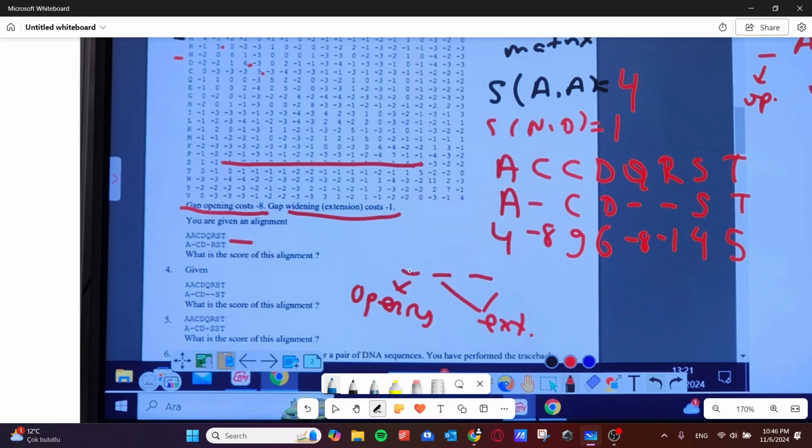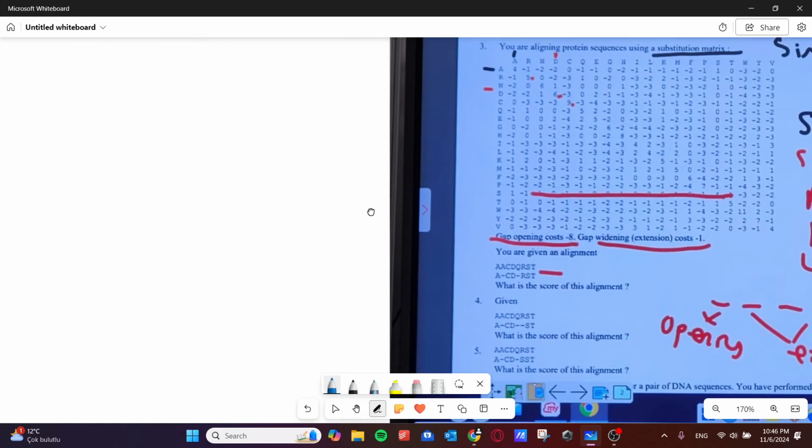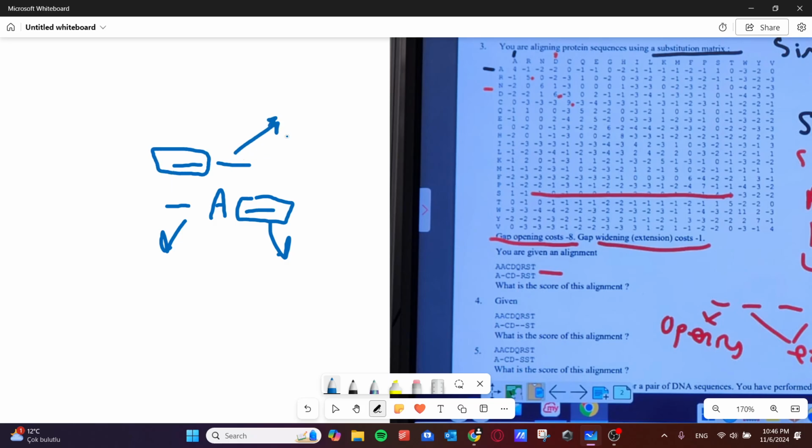The first gap is called the opening, and the rest is called the extension. But this is only in case we have more than one gap. Let's say we have gap A gap. So this is opening and this is opening. We don't call this extension. The extension is only after the opening of the gap, back to back.